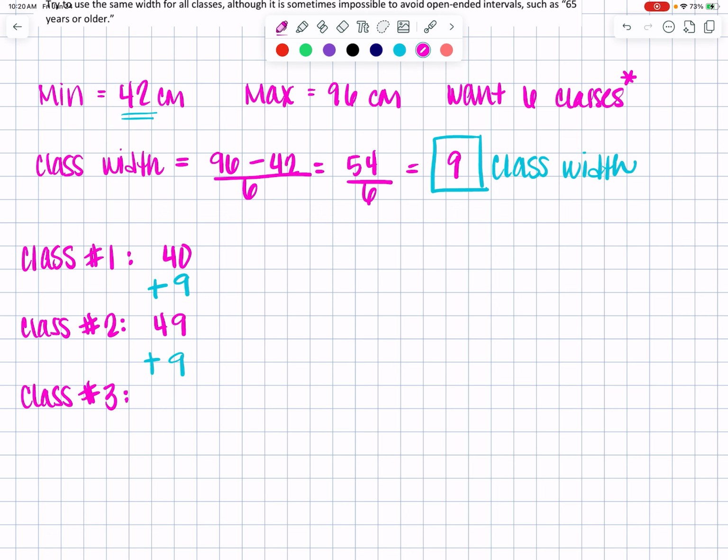And that means my third class starts at 58. I don't like that those are not evenly spaced with the rest. If I add my class width again, I land at 67.